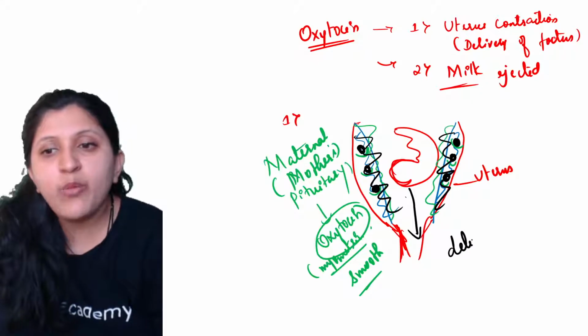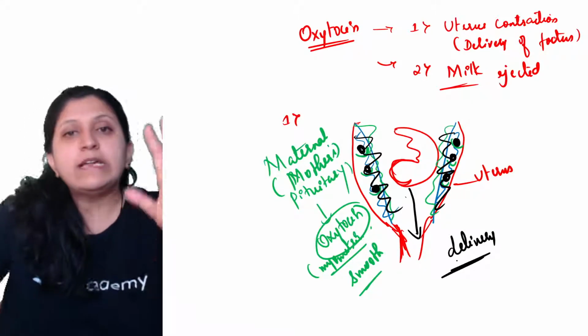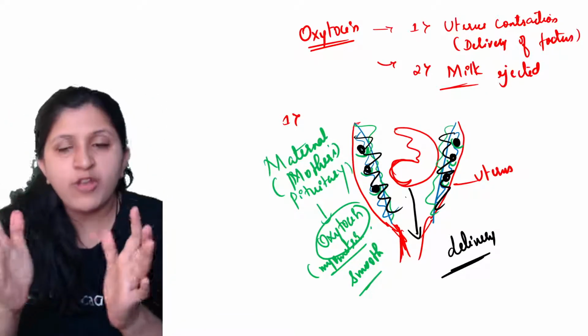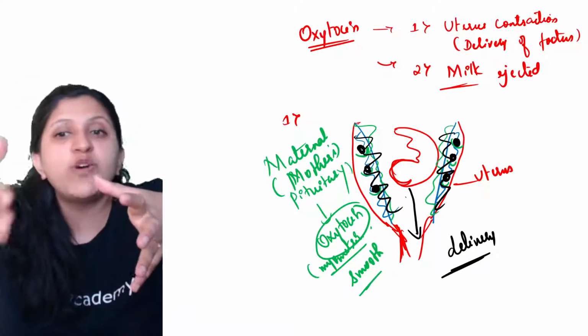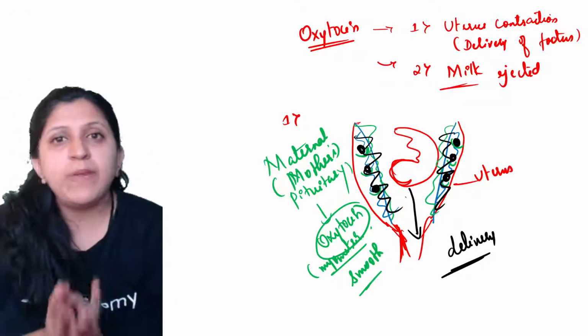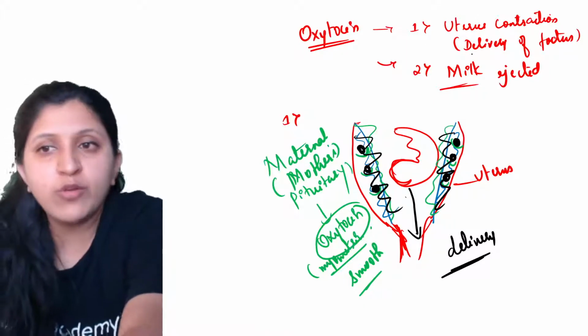That is how it leads to delivery of the baby, because the smooth muscles go on contracting continuously. So that is with respect to the uterus contraction.